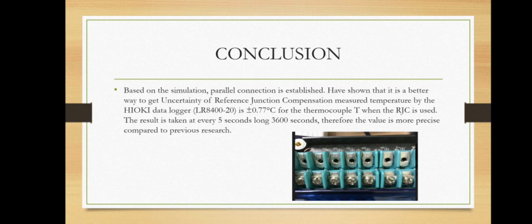The temperature measured by the Hioki data logger is plus minus 0.77 degrees Celsius for the thermocouple T when the RJC is used. The result is taken every 5 seconds over 3600 seconds. Therefore, the value is more precise compared to previous research.